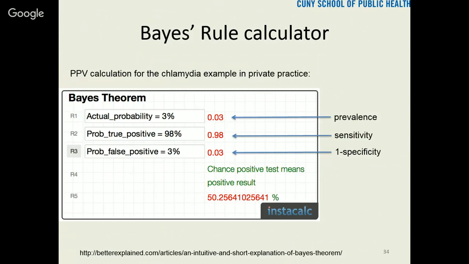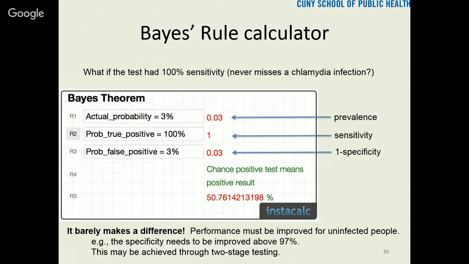Then we go and apply that to a lower prevalence population and see the PPV go way down. And even if we increase the sensitivity to 100%, it has hardly any effect on the PPV, because it's still not performing any better on that majority of negatives.